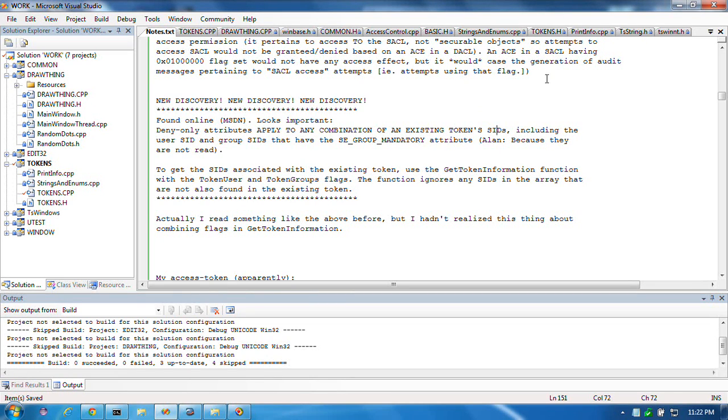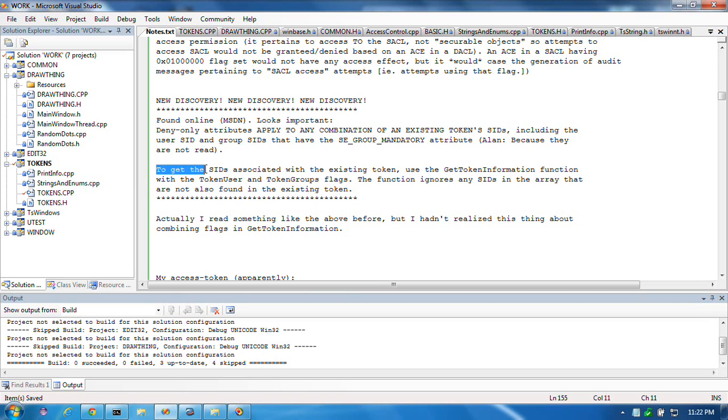Okay. So those will be matches for anything that might be a denial in the ACL, I think, and so you'll be denied access to anything that matches any possible thing in your access token. Well, it's a little clearer.